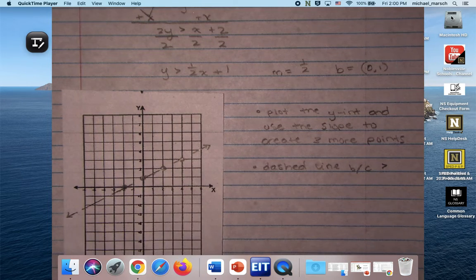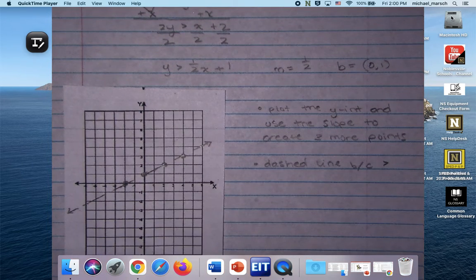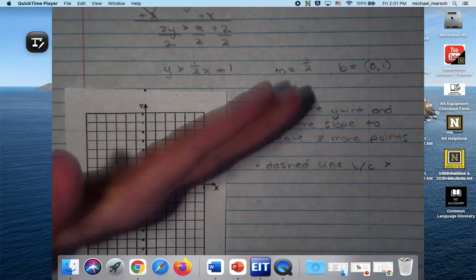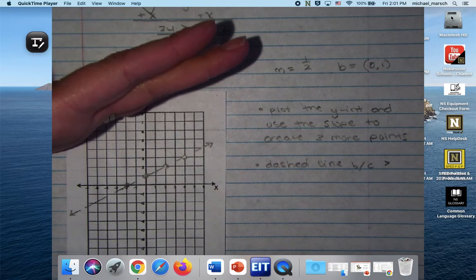I know sometimes it's hard to tell on a graph, but it should be pretty obvious if it's dashed or solid. And then, because it's greater than, it's going to be above the line, right?